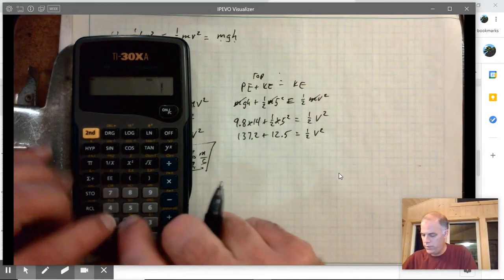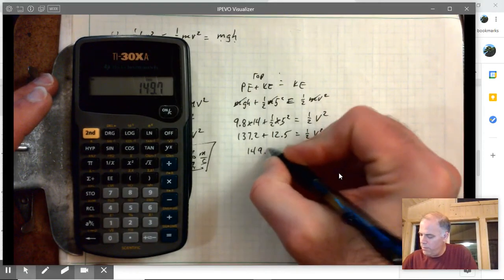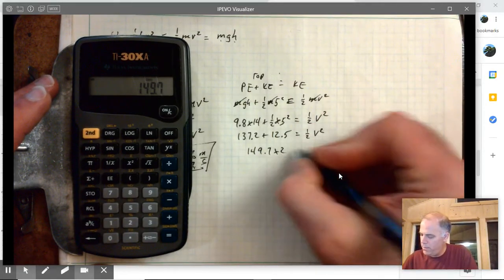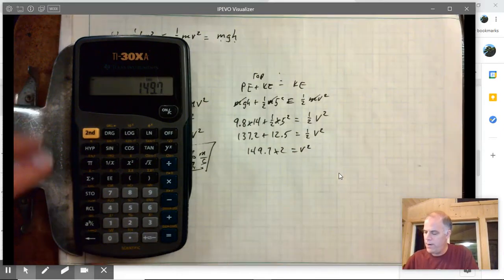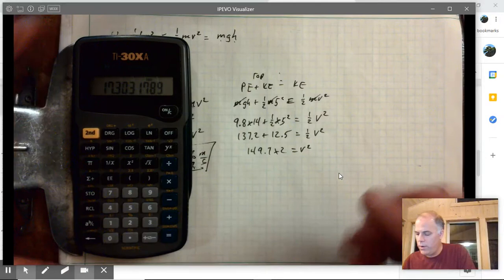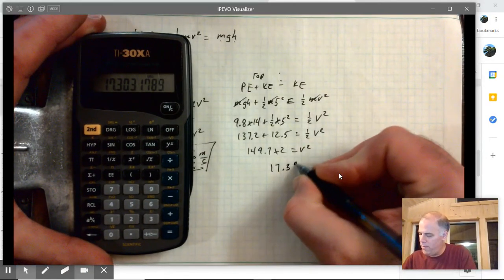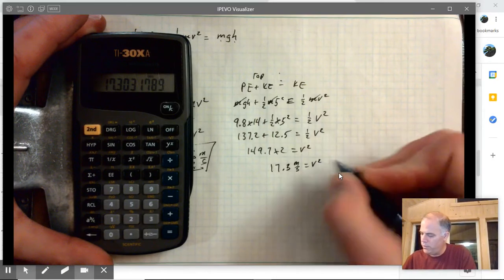So that is plus 12.5. We get 149.7 times 2 equals v squared. So we multiply that by 2, take the square root, and we wind up with 17.3 meters per second for v.